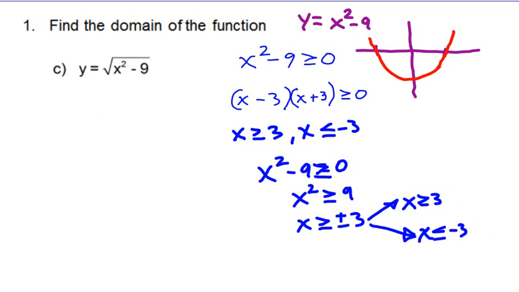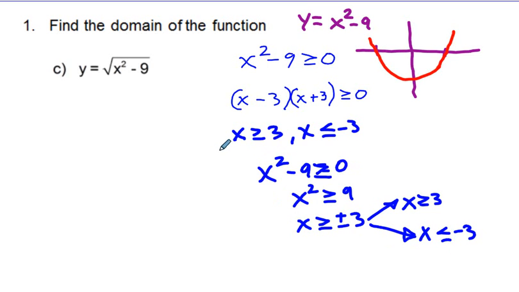How did we come up with x less than or equal to negative 3? It's simply that when you divide or multiply by a negative number, which in this case we did when we took the square root of 9, we change the direction of the inequality symbol.